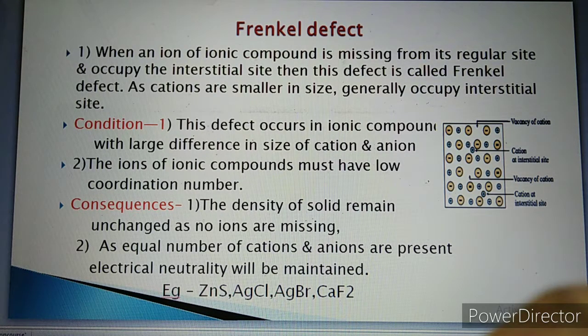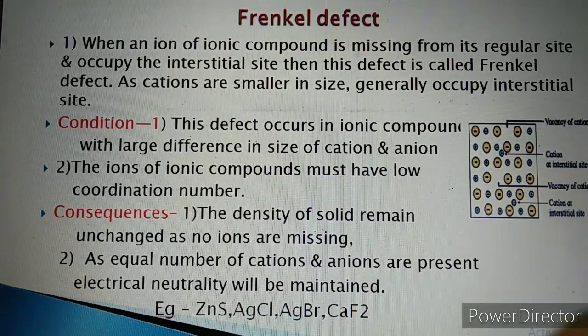So what are the conditions for Frenkel defect? First, this defect occurs in ionic compounds with a large difference in size of cation and anion. Only if the size of cation and anion has a large difference will the Frenkel defect occur.